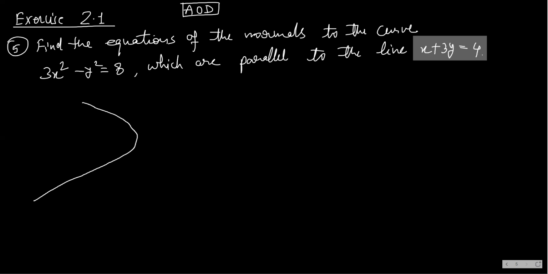This is the curve. What curve is this? It is the curve 3x square minus y square equals 8. This is the given curve.